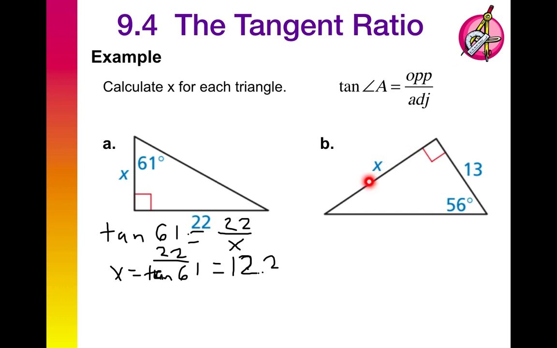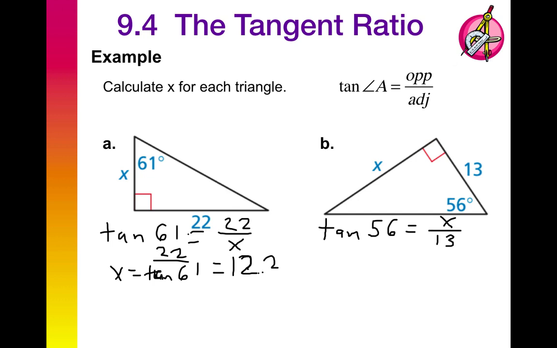Let's look at this second triangle over here. I have an angle 56, the opposite side is x, and the adjacent side is 13. So I'm going to write out the same tangent ratio, tangent of 56, and that is equal to the opposite, which is x, over 13.